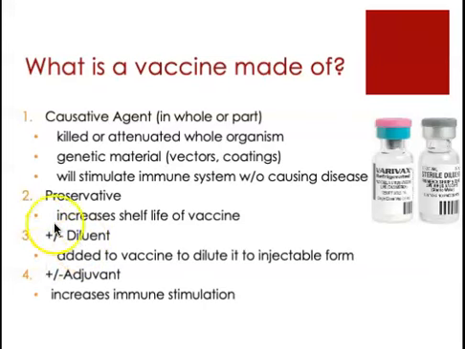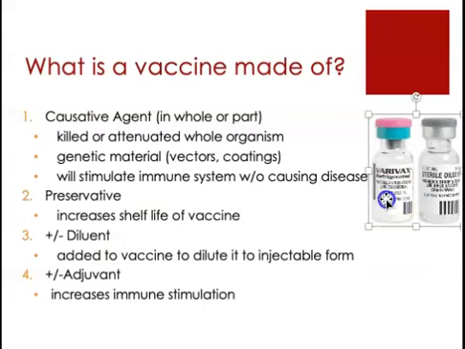You can see I've put a plus minus in front of diluent because not all vaccine formulations require a diluent. A diluent is simply saline, and it is added in to a freeze-dried preparation of vaccine in order to dilute it, in order to get it into a liquid form that can be injected.